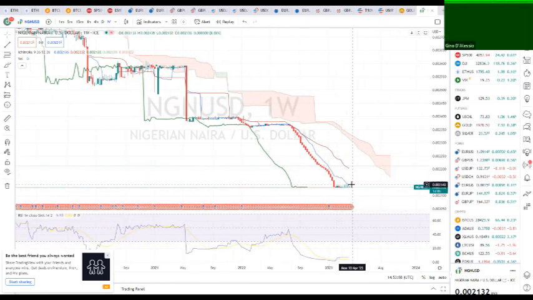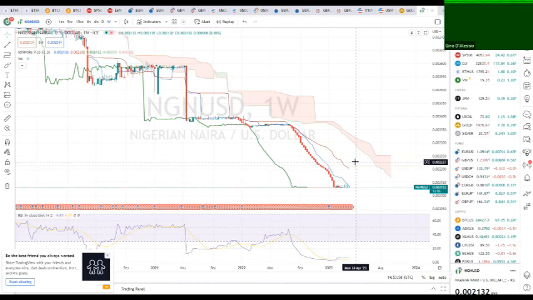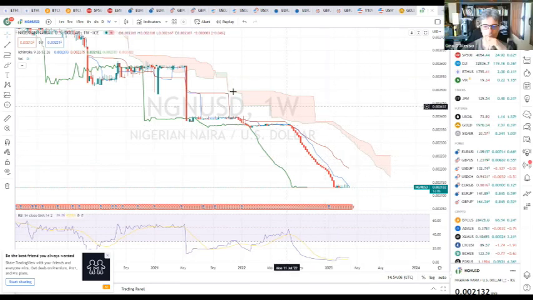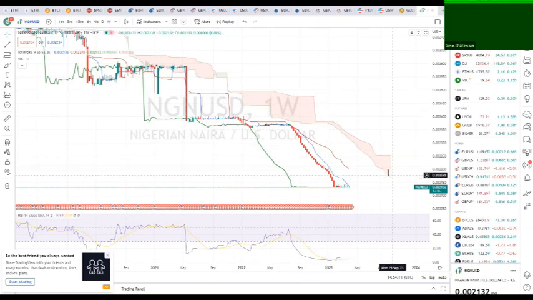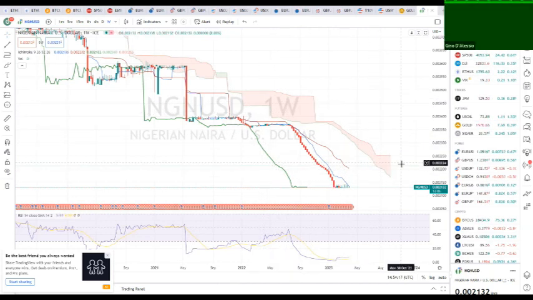If on the weekly chart, this makes a big break in 1 week, so there's one big long candle, then maybe that's the beginning of a new bull market for the Naira. And then the subsequent weeks would have to trade past this cloud. This is the Ichimoku cloud, which represents a strong resistance. As we're in a bear market and prices are below the cloud, it represents a resistance area.